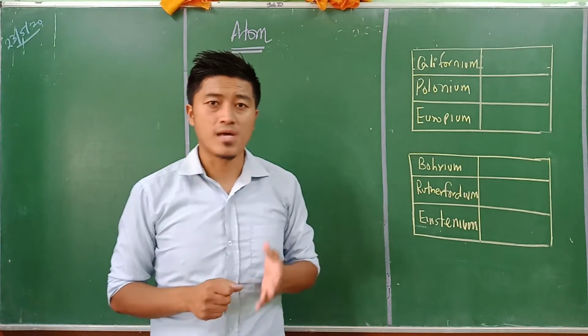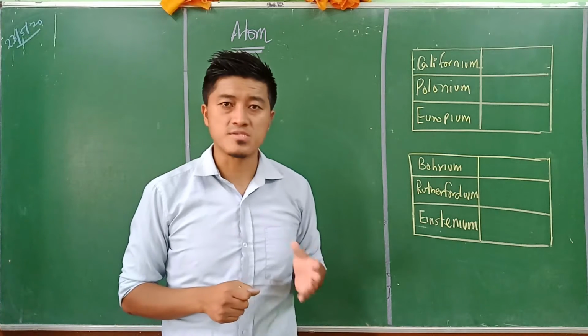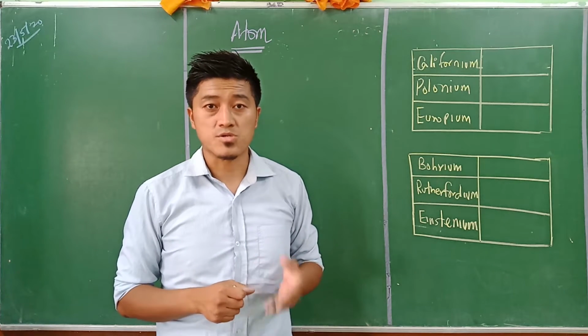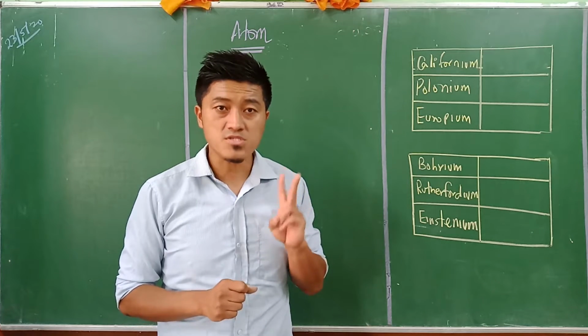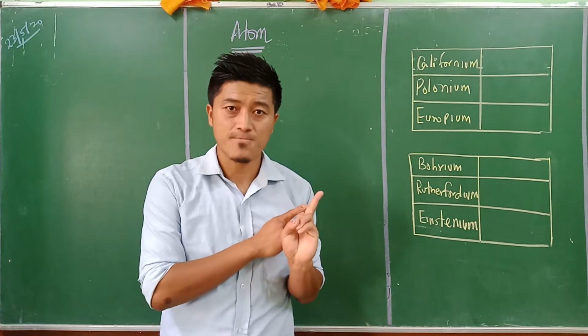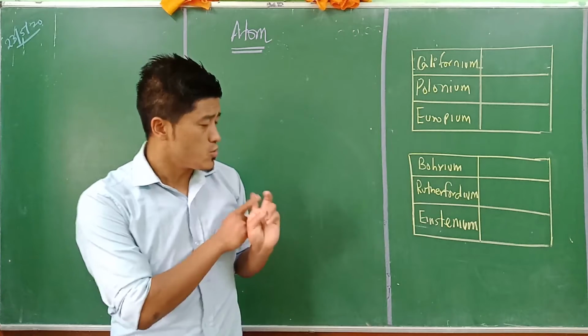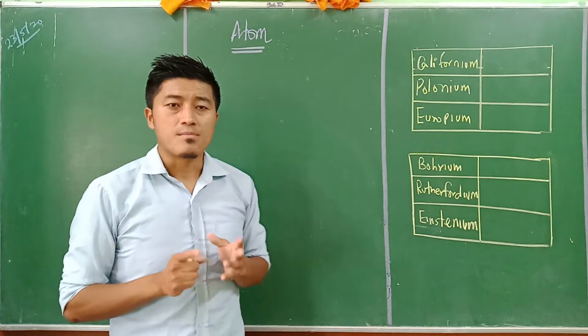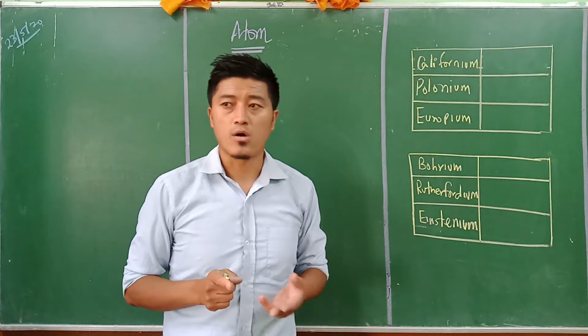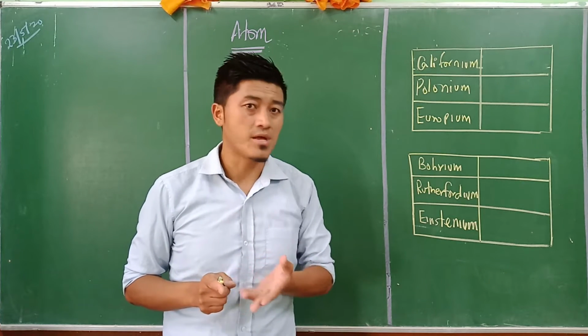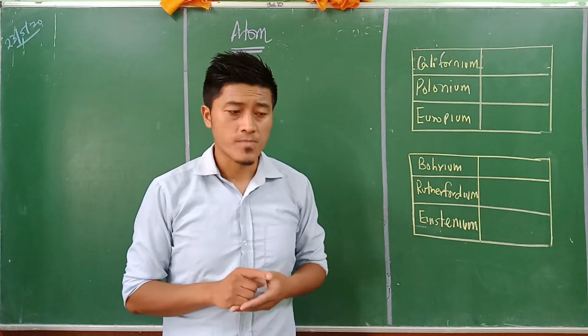On the basis of that, there were some theories which we call the laws of chemical combination, which constitute two kinds of laws. One is the law of conservation of mass by Antoine Lavoisier, who concluded that mass is constant, not changing; it can neither be created nor destroyed.